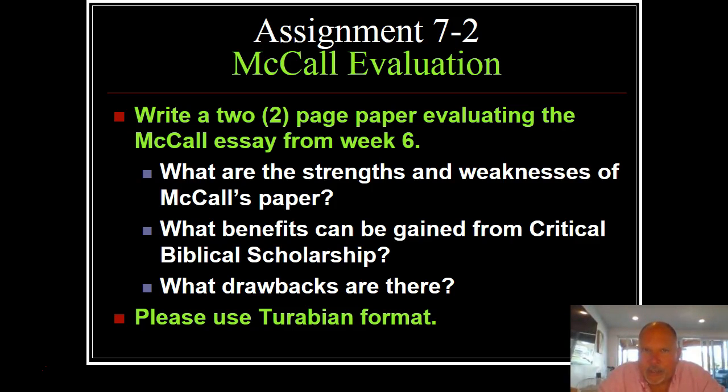So be sure as you write and as you evaluate that you find either biblical support or outside research support to give as evidence for why you think these things are strengths and why you think these points are weaknesses. And then what benefits can be gained from critical biblical scholarship? Finally, what drawbacks are there to critical biblical scholarship? As always, please use Turabian format.